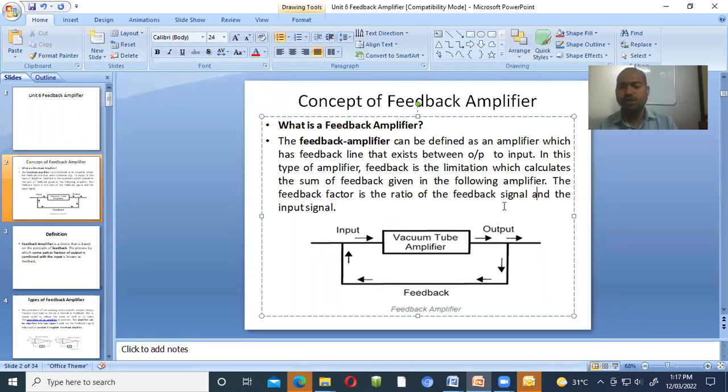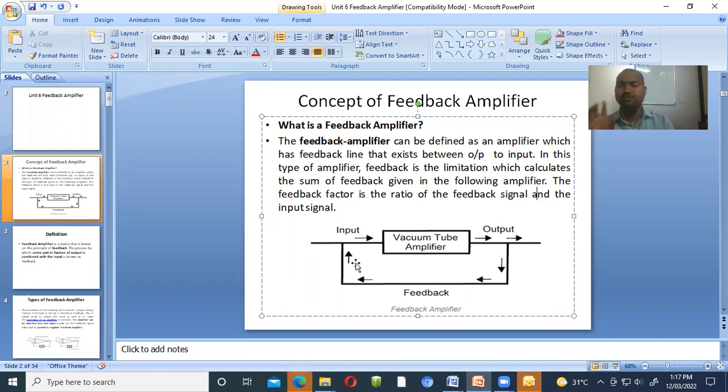If there is a 180-degree phase shift between the output coming from your amplifier and the input, then that type of feedback is called negative feedback, right? So we have discussed the two types of feedback with respect to your amplifier. Now I will tell you three things with respect to feedback.